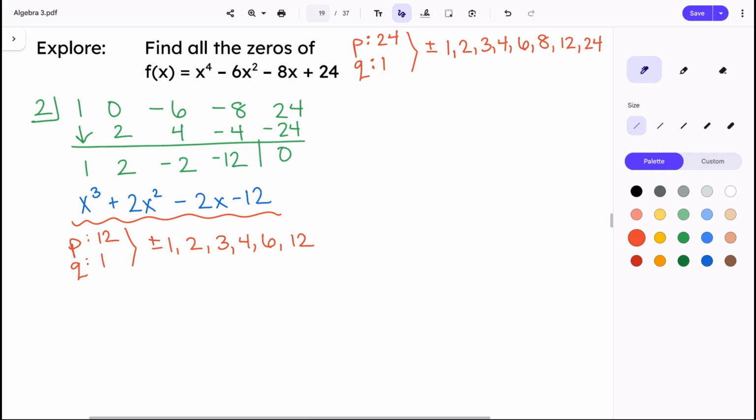Okay, go to your calculator again. Two works again. Okay. This time your coefficients are 1, 2, negative 2, and a negative 12.